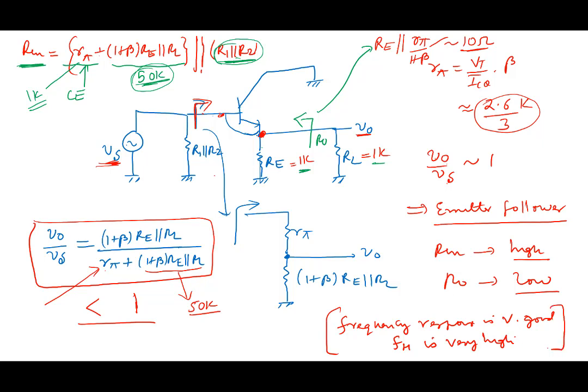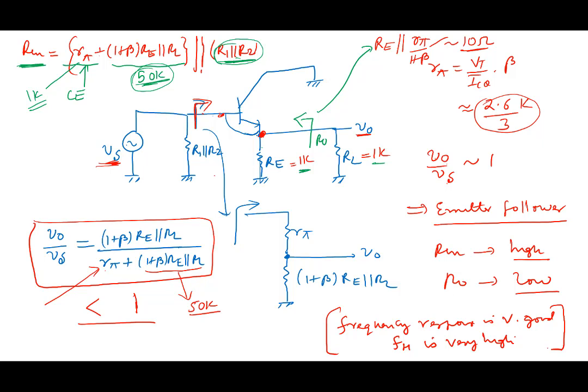For frequency response, we'll have to put in the C pi and C mu and then look at the cutoff frequency. We'll not go into the details of that, but the frequency response also comes out to be very good. So in all respects, it's an excellent amplifier. Very good frequency response, very good input resistance, very low output resistance, except that it doesn't give you gain.